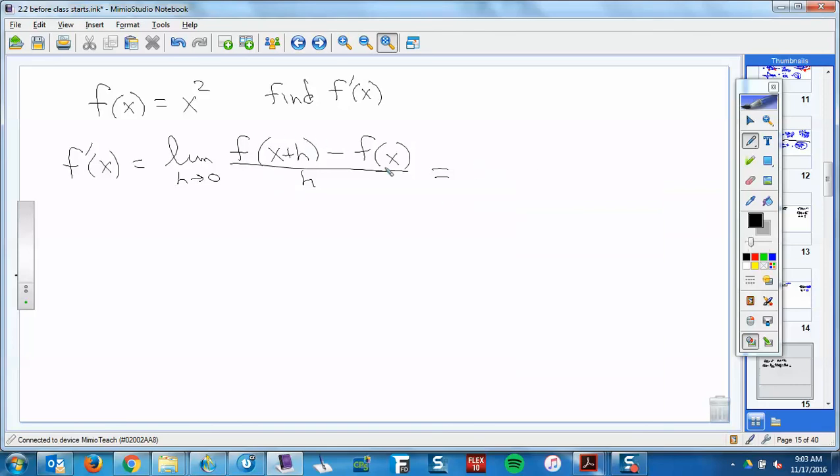Okay, so now here we go. Today you see me use some color. So let's do that. What's f of x plus h mean? Put an x plus h in for x here, right? So we're going to get x plus h squared. Minus, and then what's f of x? That was the green thing I think I had.